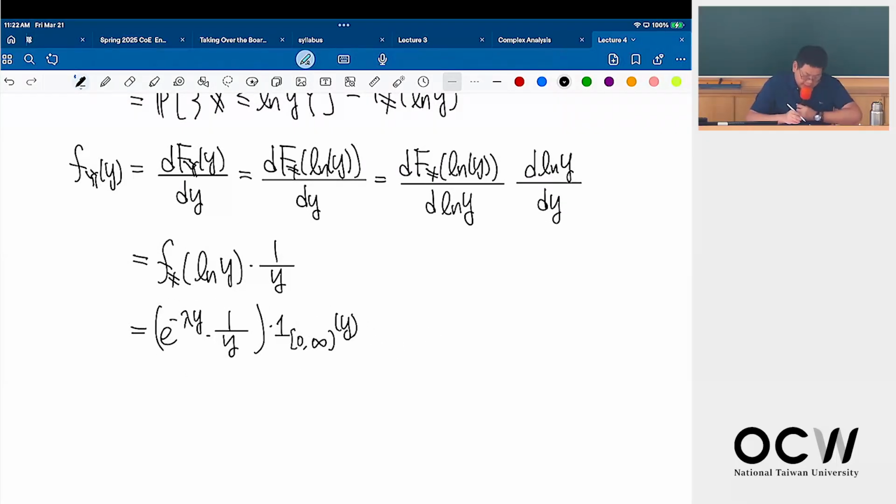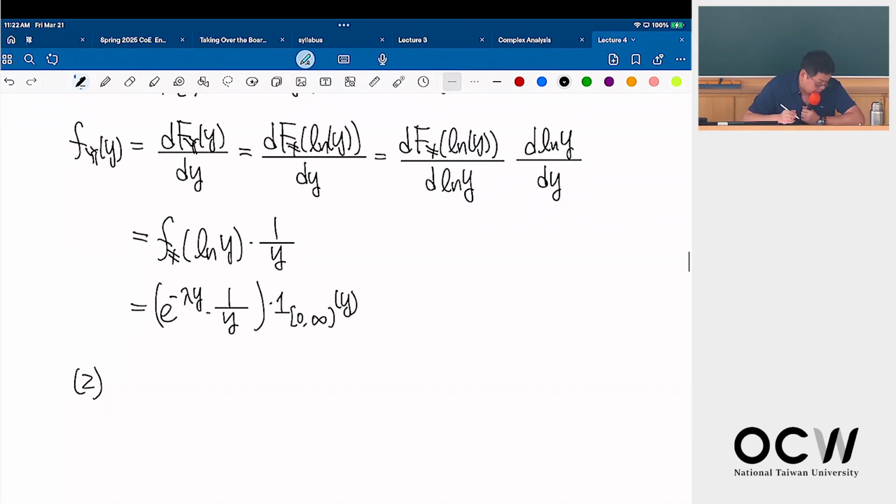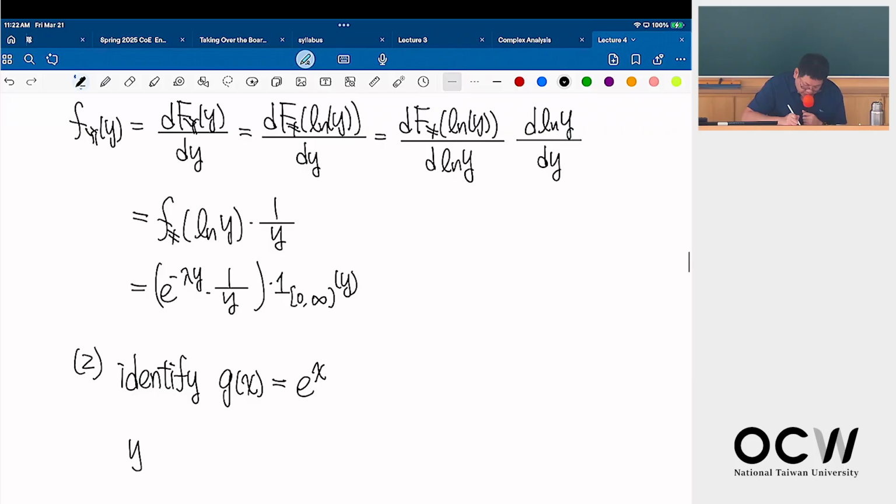The second one, just use the direct method. So identify the function g, that is e to the x, monotonically increasing. So y equals e to the x means x is equal to natural log y.